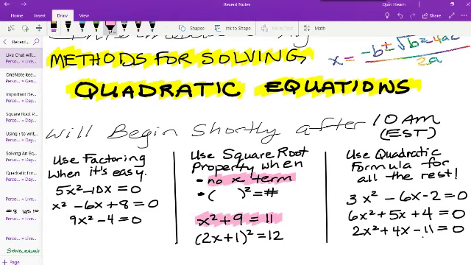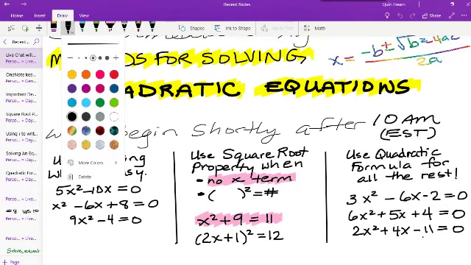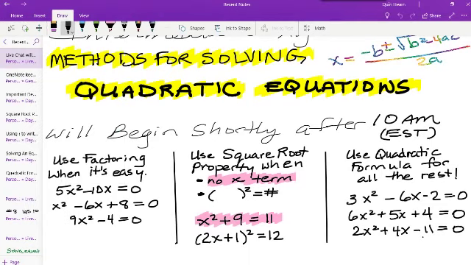Notice there's an x squared and some constants, but there's no x term, like 3x or 5x. In that case, it's very easy to rewrite the equation in the form x squared equals a number. Like in this case, we could subtract the 9 to the other side, and we would have x squared equal to 2.